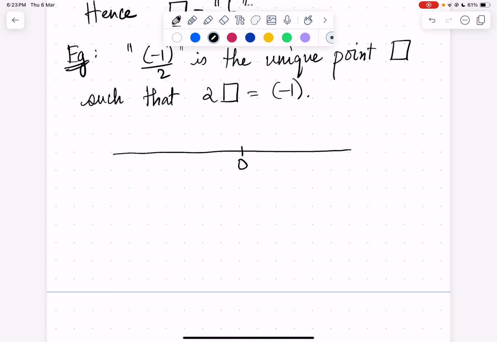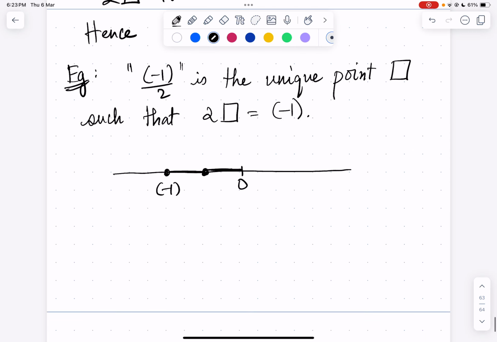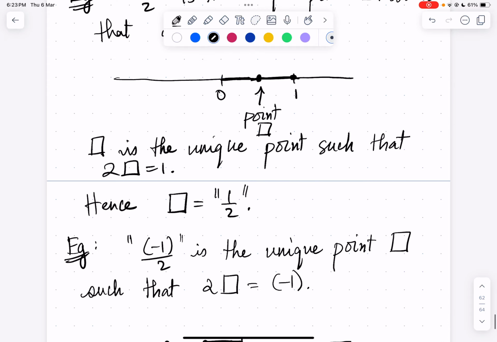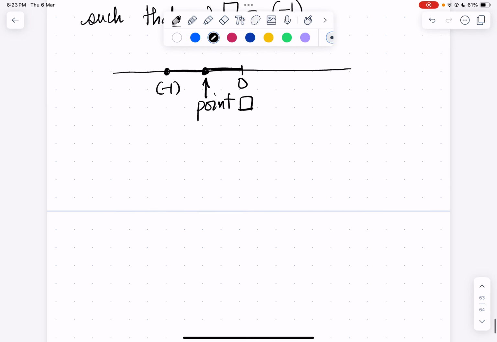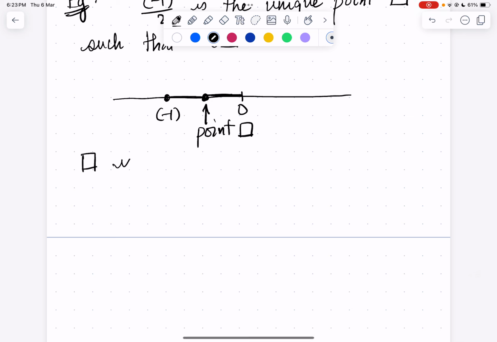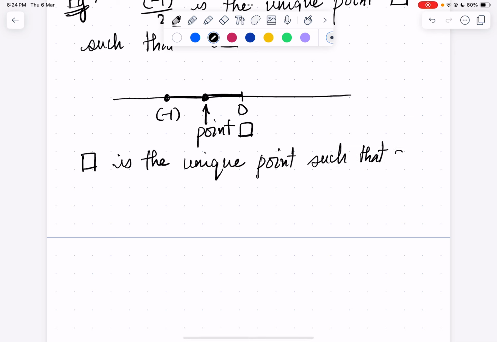Somewhere here you can take minus 1, and this point box, box is the unique point such that 2 times box is minus 1.